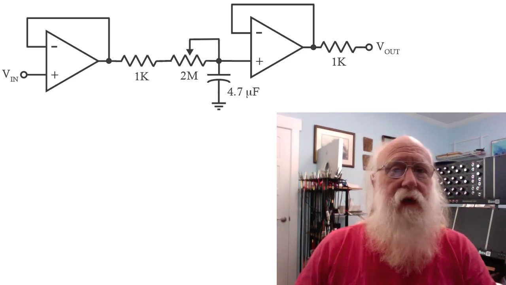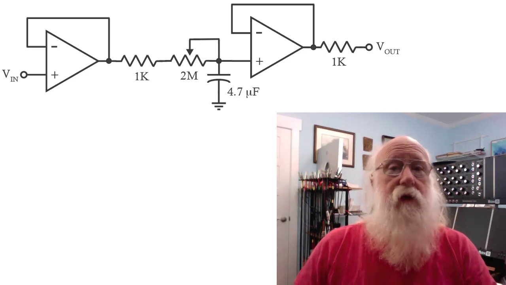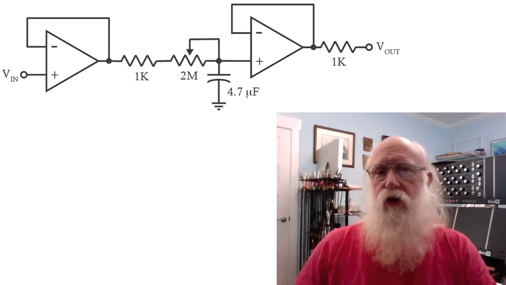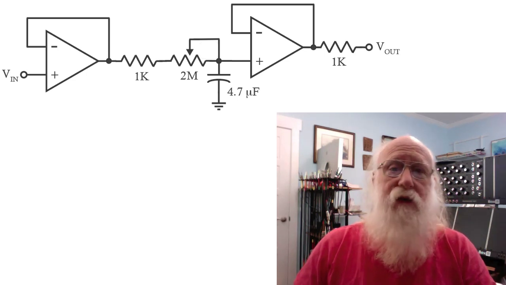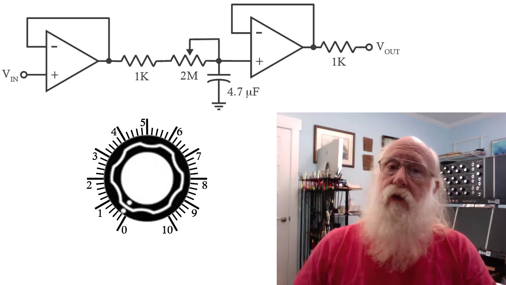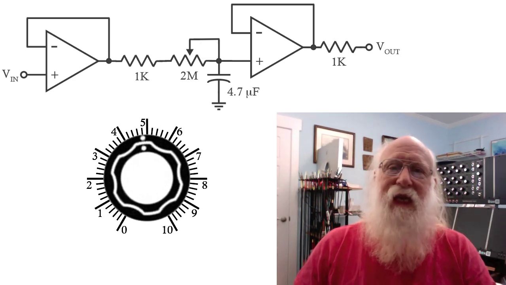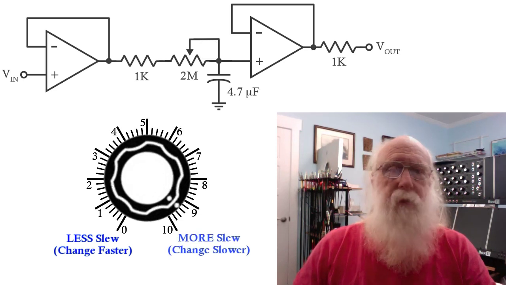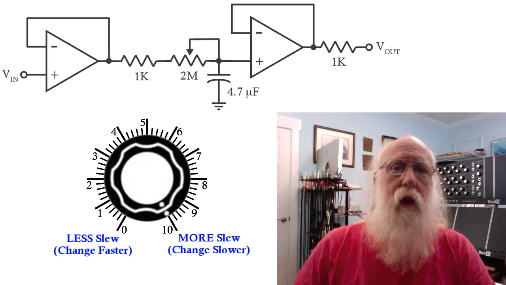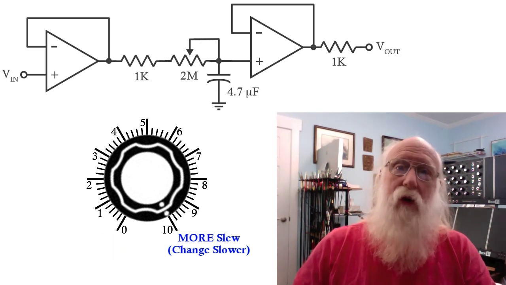The last thing we need to do, and this is purely a user interface issue, is pay attention to how the parameters of the circuit change relative to the direction that you turn the knob. Usually counterclockwise means less and clockwise means more. So if we turn the knob clockwise, we probably want more slew, which actually is a slower slew rate.